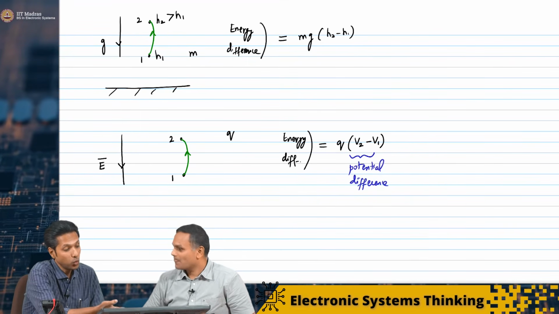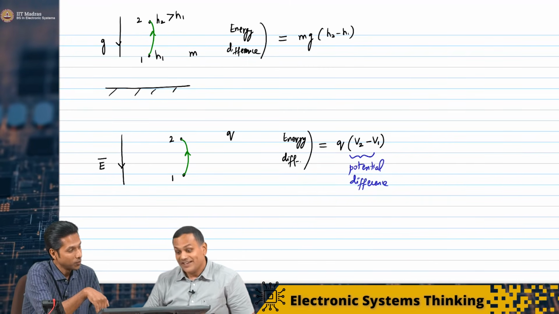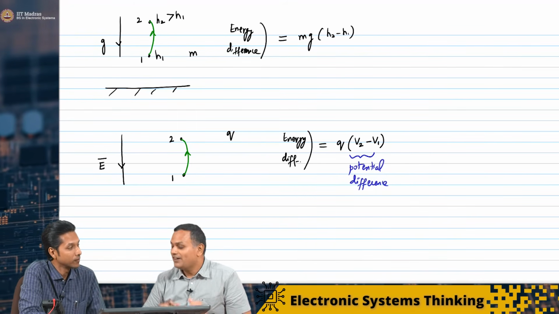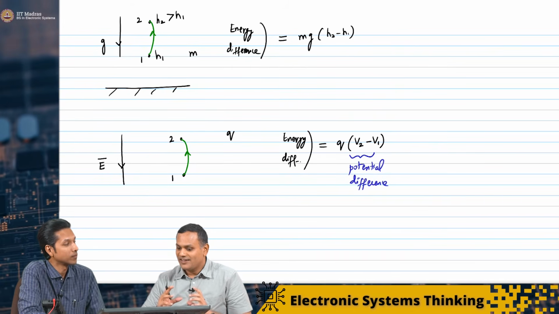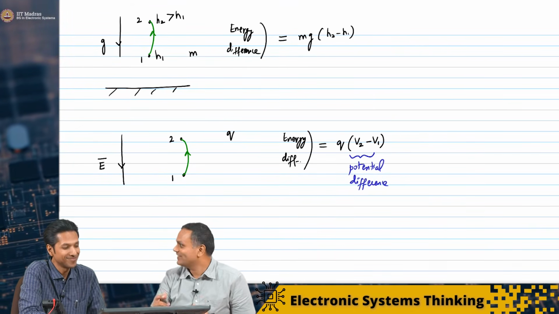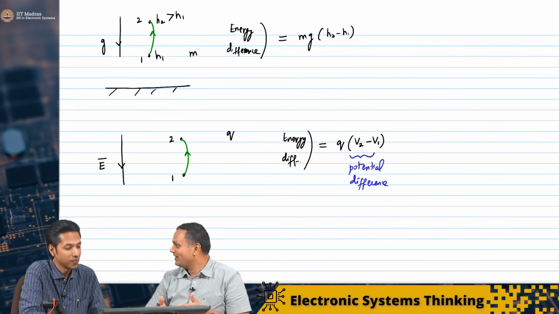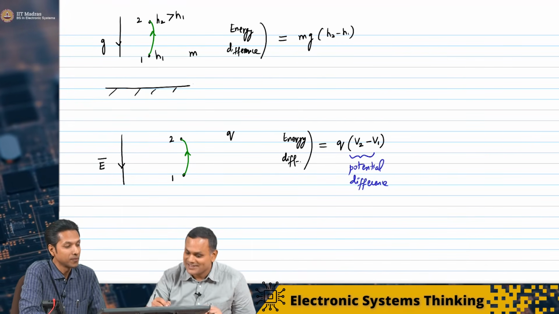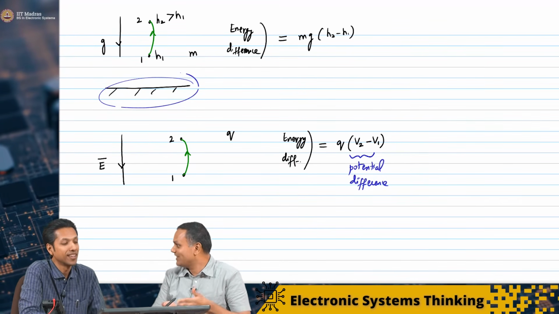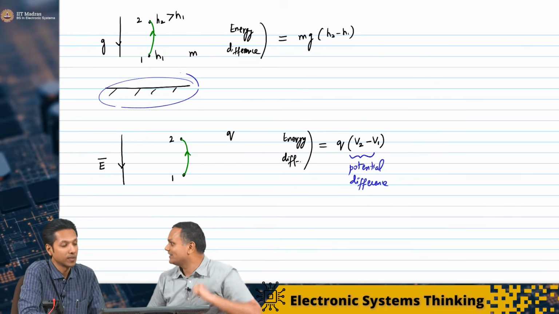So the potential at 1 can even be 0. As we learn more, we will find that the common way of doing things is like here, where you had the surface of the earth. Once the mass reaches that point, it doesn't move anymore. You can think of that as the reference height with which you take the height.